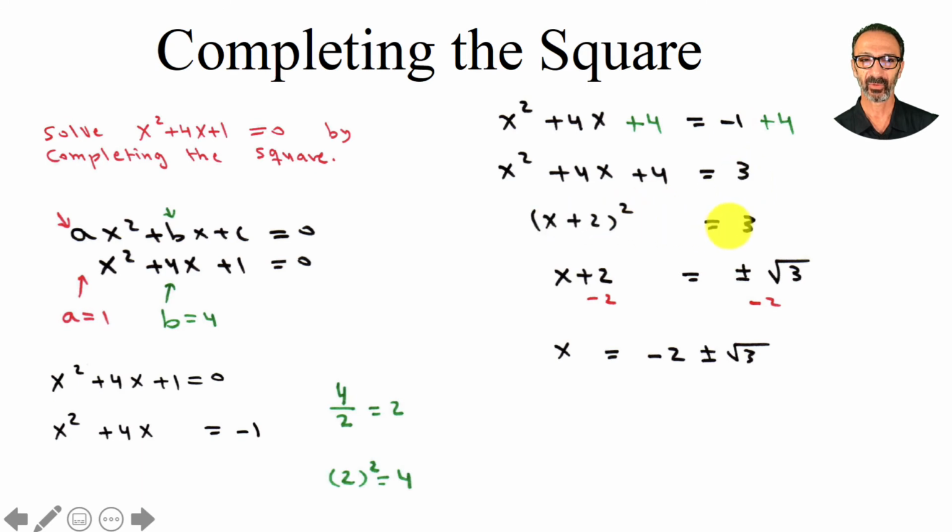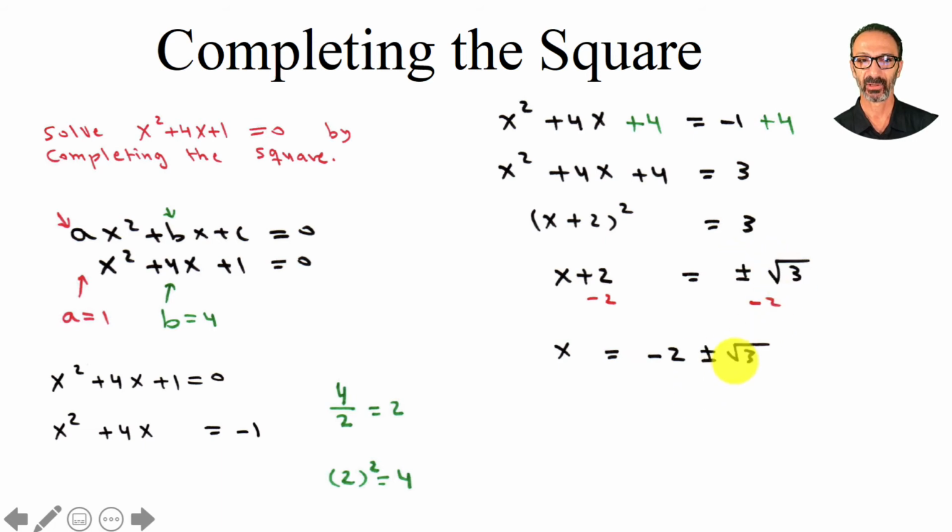And now we're going to use the square root property. x plus 2 by itself, when you take this away, it's going to be plus or minus the square root of 3. Solving for x, subtract 2 from both sides. Be careful right here. This cancels, and you have x equals negative 2 plus or minus the square root of 3.